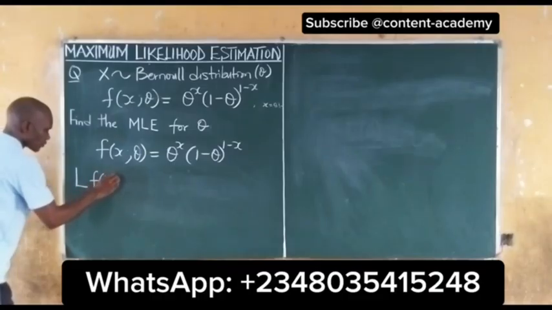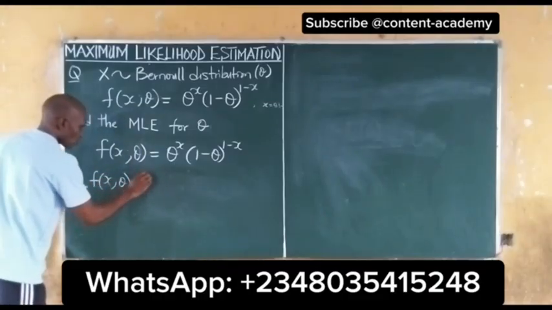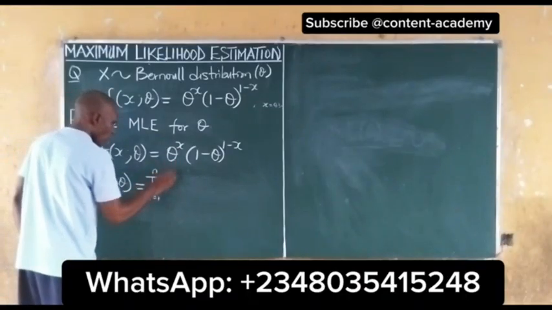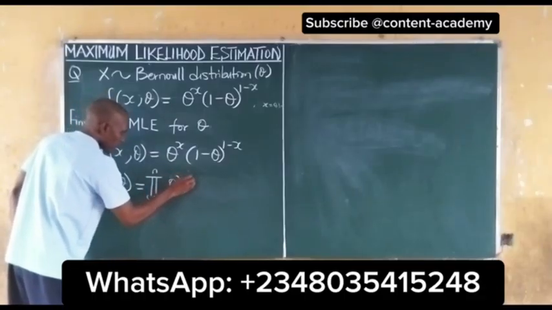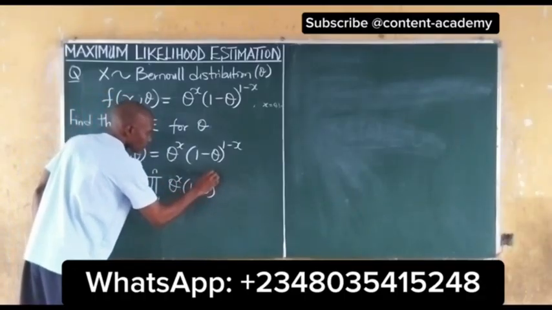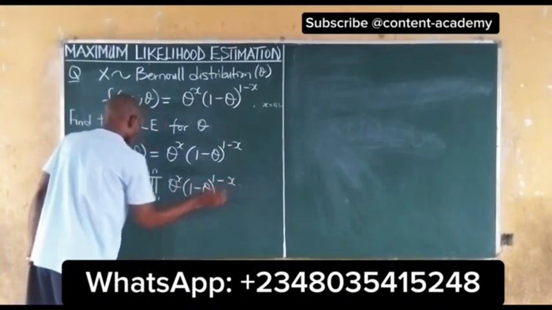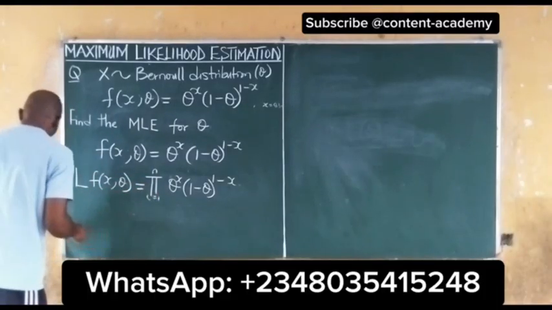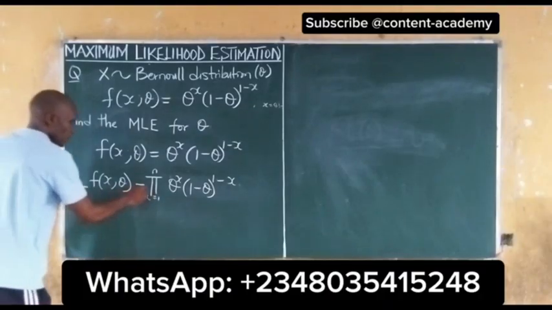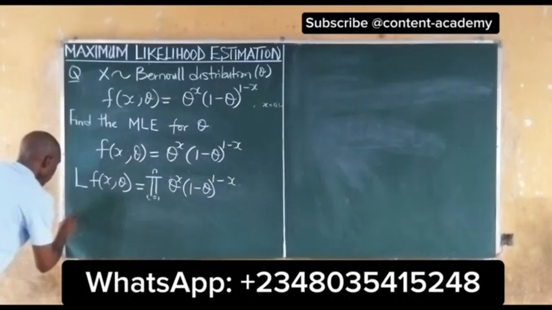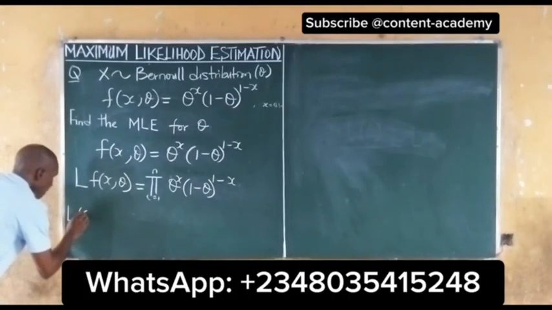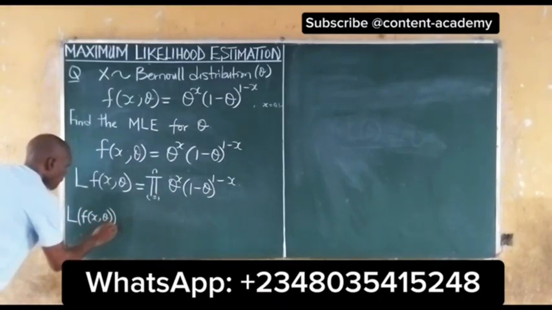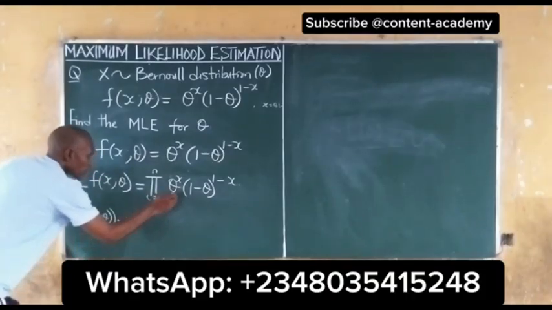The likelihood function of the given distribution is equal to the product, as i goes from 1 to n, of the distribution given. Now, how do we expand this? It has been explained already. Our likelihood function will be equal to the product of this.